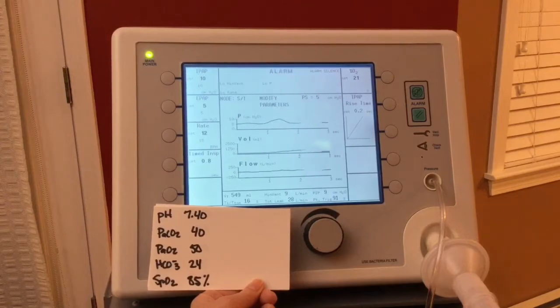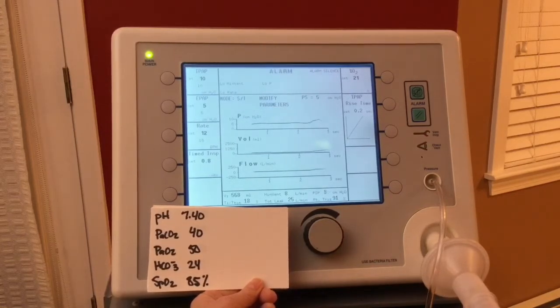Second, determine if you have an oxygenation or a ventilation problem, or both. Now decide which parameter you would like to move to improve your blood gas.